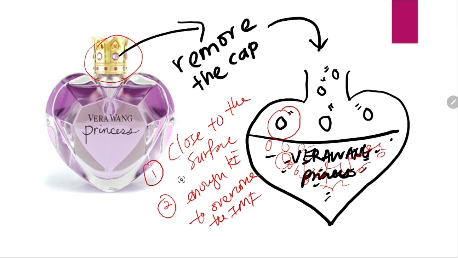So when we remove the cap, this gas will escape from the bottle and we smell the good smell of the Vera Wang Princess perfume. Any kind of perfume will follow the same chemistry pattern.